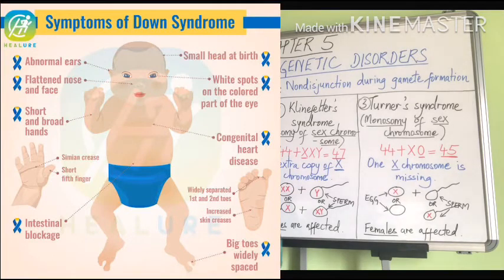Their first and second toes are widely separated, and they have a characteristic protruding tongue and a partially opened mouth. They also show a characteristic palm crease. Such individuals might also develop congenital heart diseases, and they show retardation in physical and mental growth.